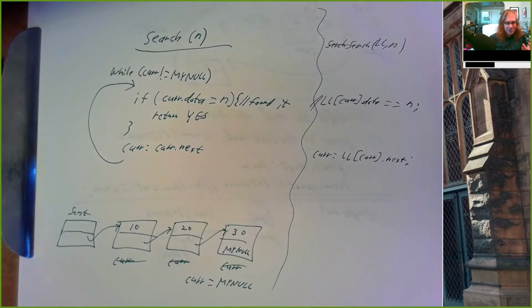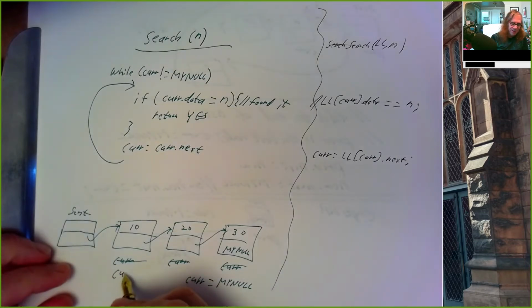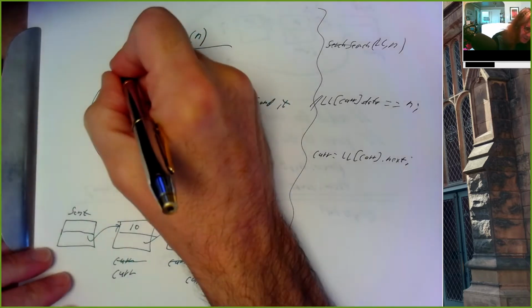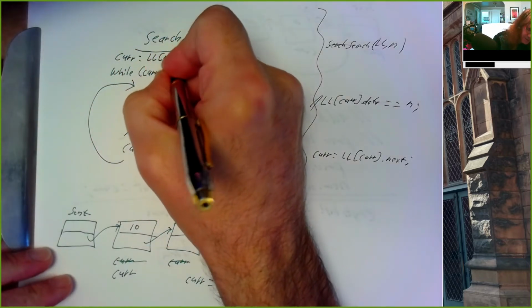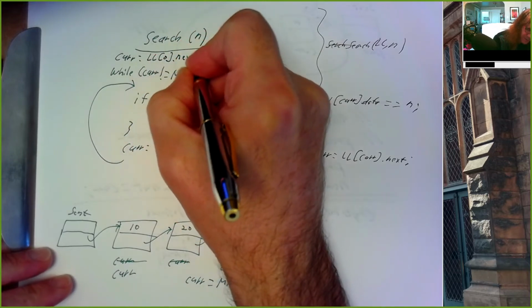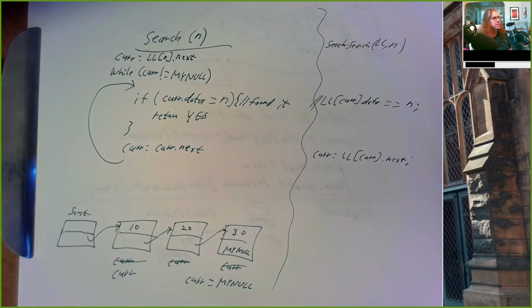All right, so how would I seed this? Well, we want current to start off as the first node, so I would probably seed this with current equals LL0 dot next. So the first current always equals list0.next. Yes, exactly.